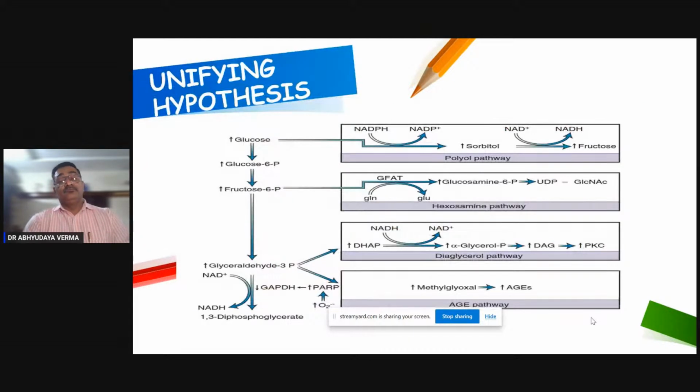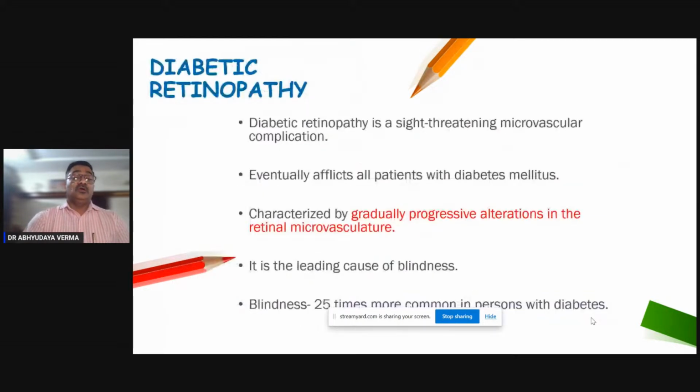And this is the main pathophysiology, the main culprit. As the blood sugar level increases, I won't go into detail, but through the polyol pathway, hexosamine pathway, glycerol pathways, and advanced glycation end products, they increase and cause damage to these various micro and macrovascular organs.